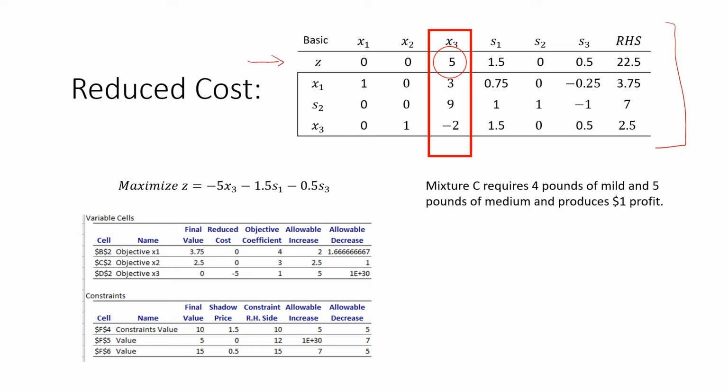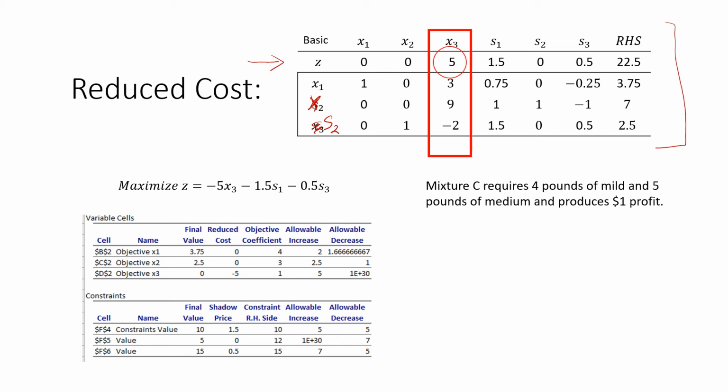On our final tableau, once we've gotten our final value, take a look at what it says here. It says that our basic variables are, well, actually it has a slight misprint here. Our basic variables should be x1, x2, and s2.